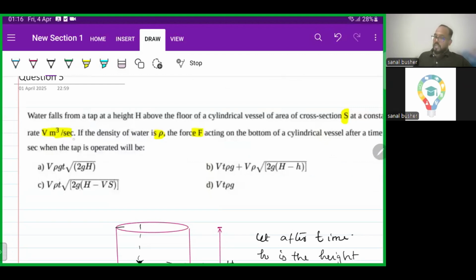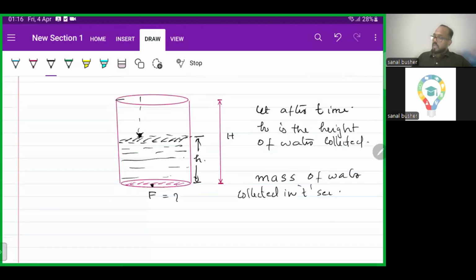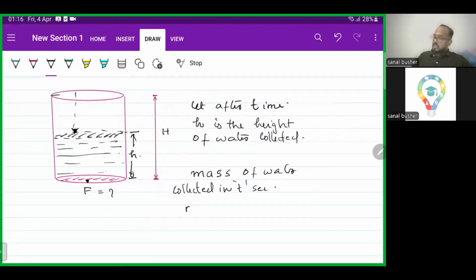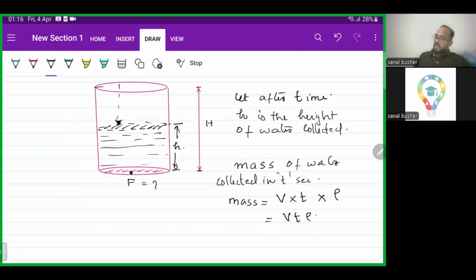Meter cube per second. So if you multiply this with t, you will get the volume. So mass is equal to V multiplied by t, into rho. Now you got the volume, and volume into density will give you the mass. So the mass collected is V t rho.